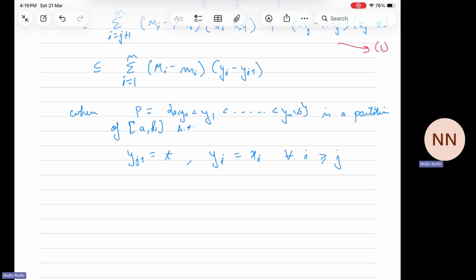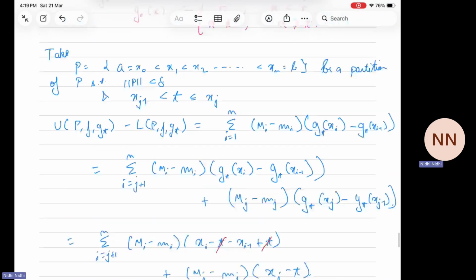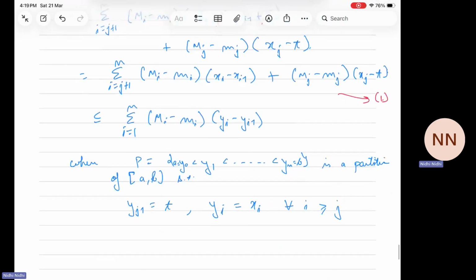Since the norm of the partition P was less than delta, the norm of the partition P bar can also be made less than delta, because after y_j the rest of the terms are the same. In fact, the earlier terms also we could have taken the same except for the y_{j-1}th term.